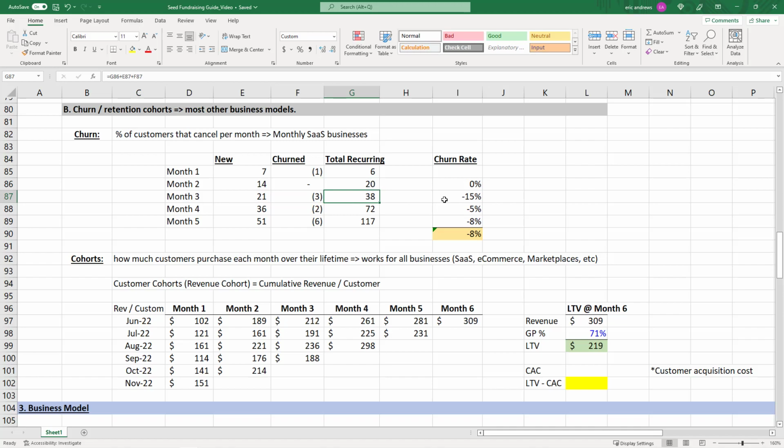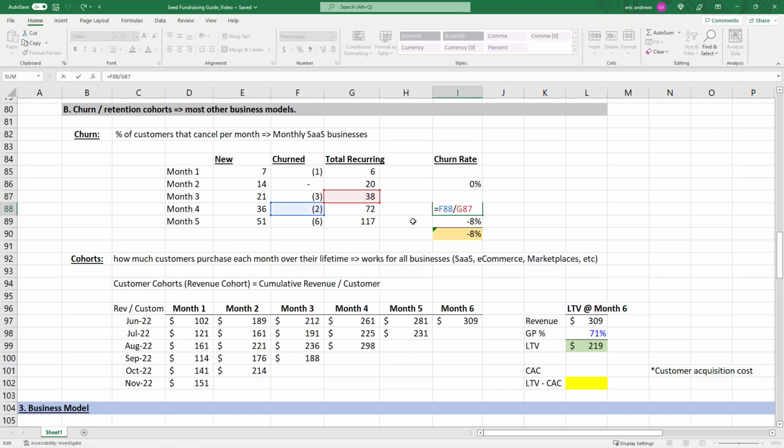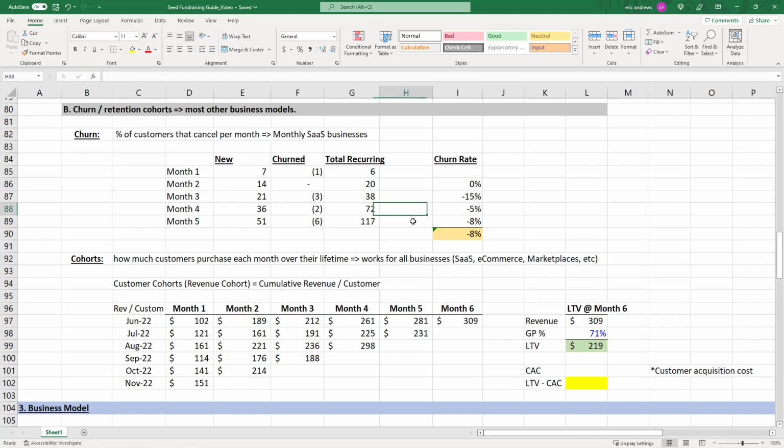So what percentage of your customers canceled? Well, it's 15% of the prior month's recurring customers, because the 21 customers that signed up this month aren't the customers that are churning. They just signed up. So the denominator of the churn is really the prior month's total. So in this month, you'd say, okay, 2 out of the prior month's 38 customers churned, and now our total recurring is 72.